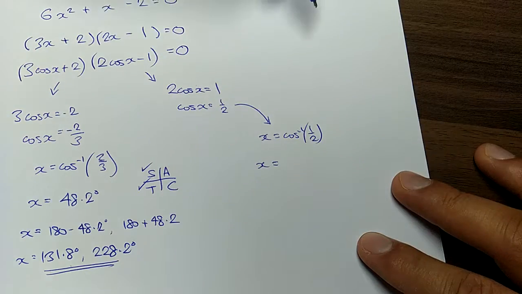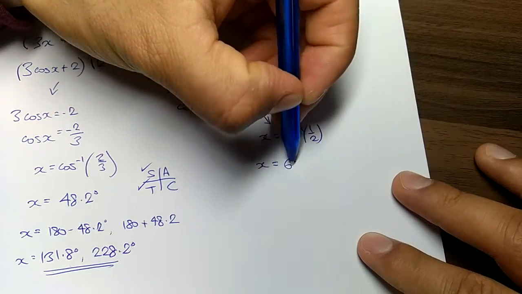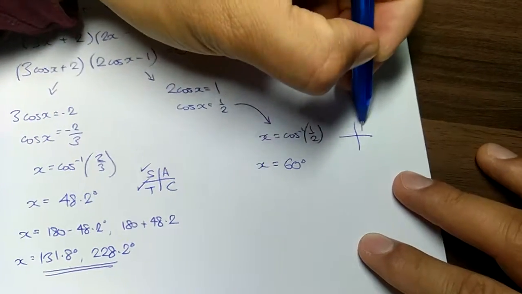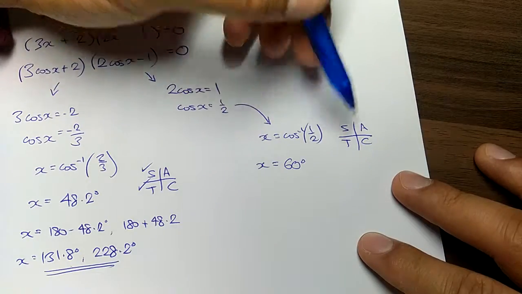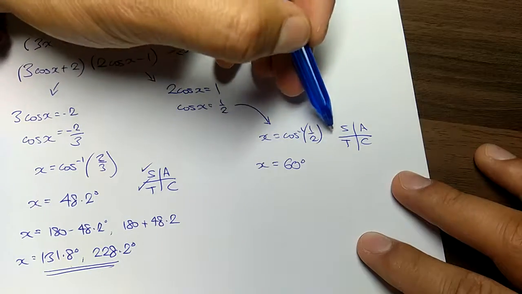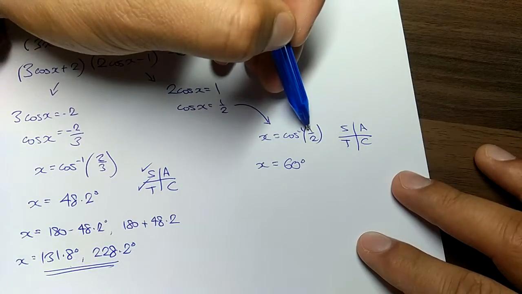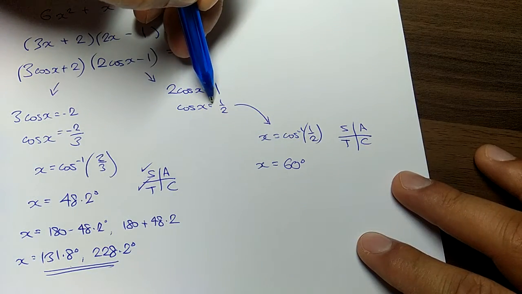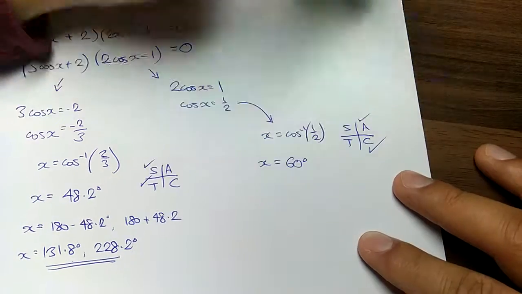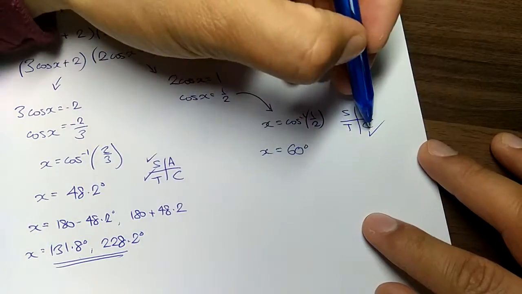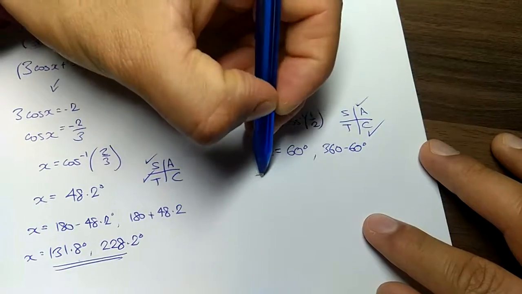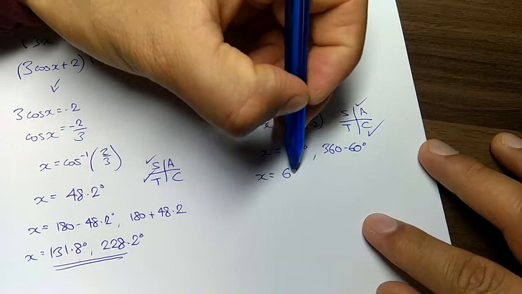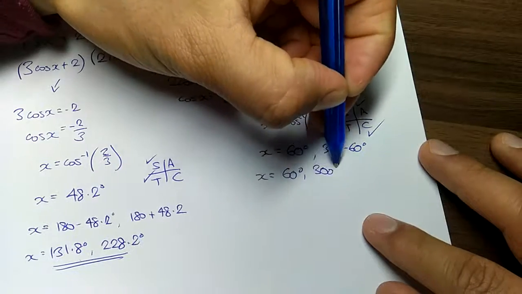So cos inverse of a half is 60 degrees. You again do a cast diagram for this section, and you pick the two quadrants where cos is positive because it was a positive half. These two. So that means x equals 60 and 360 minus 60. In other words, x is equal to 60 degrees and 300 degrees.